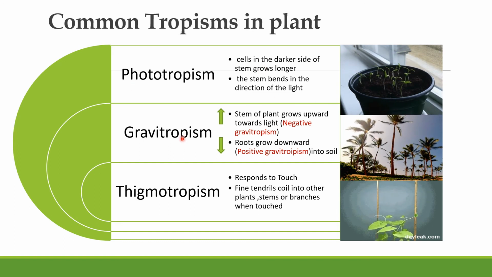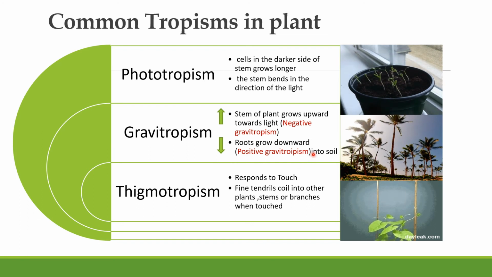Now let's go to gravitropism. What is the gravitropism? The roots grow downwards and the stem grows upward towards the light. It is called gravitropism. When the stem of the plant grows upward towards light, it's called negative gravitropism. And when the root grows downwards into the soil, it's called positive gravitropism.